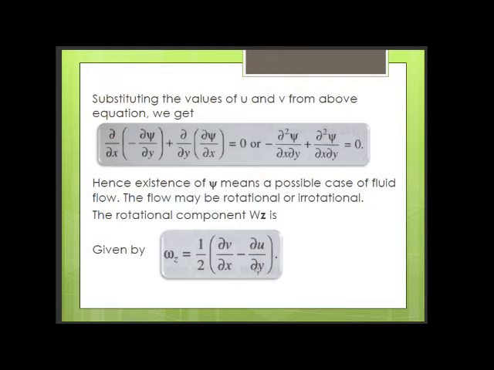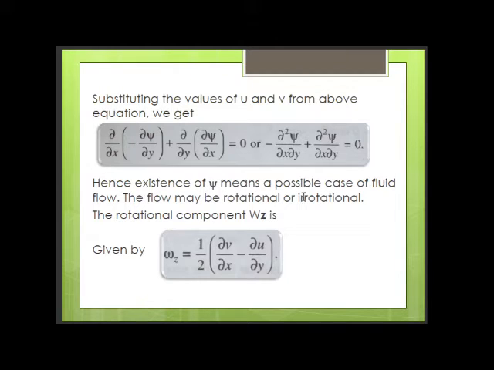If we put the values of u and v in this equation, it becomes dou by dou x in bracket minus dou psi by dou y, bracket complete, plus dou by dou y in bracket dou psi by dou x, bracket complete is equal to 0. If we multiply these out, we get minus dou square of psi upon dou x dou y plus dou square of psi upon dou x dou y is equal to 0.